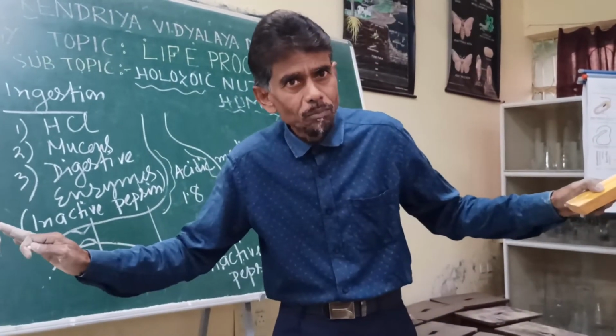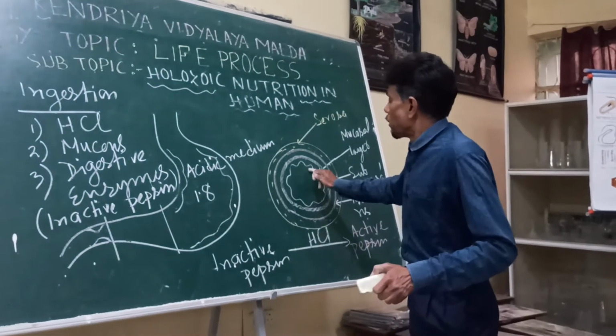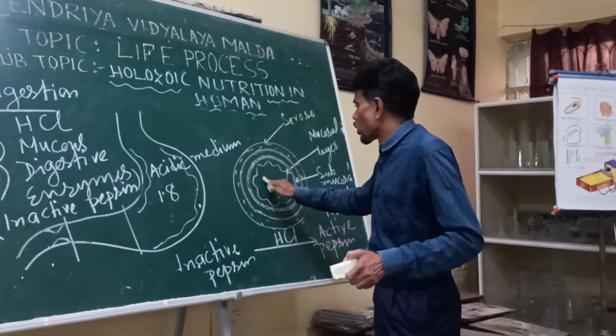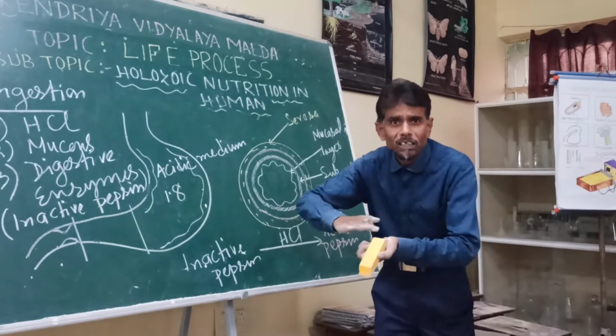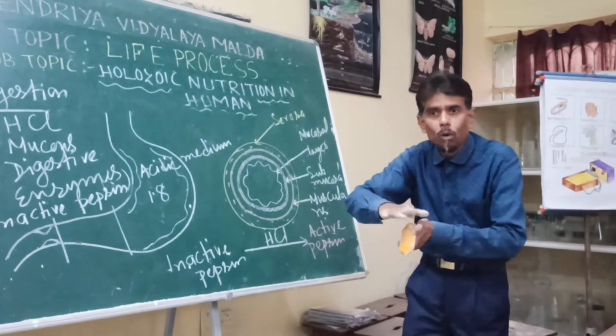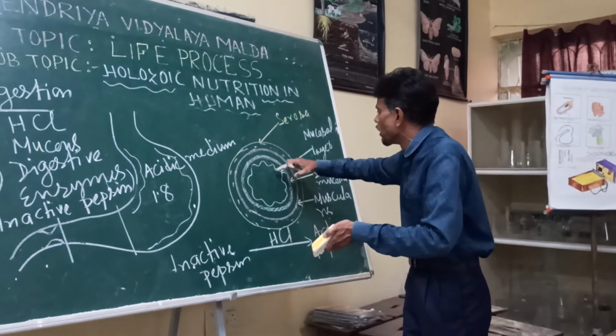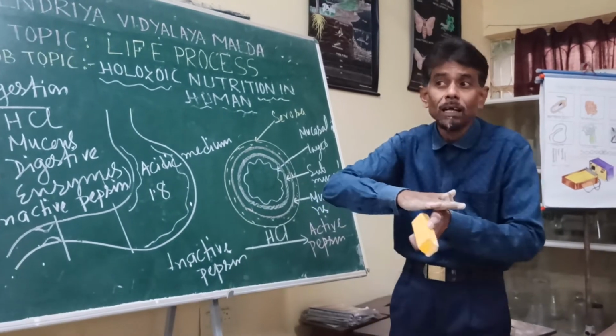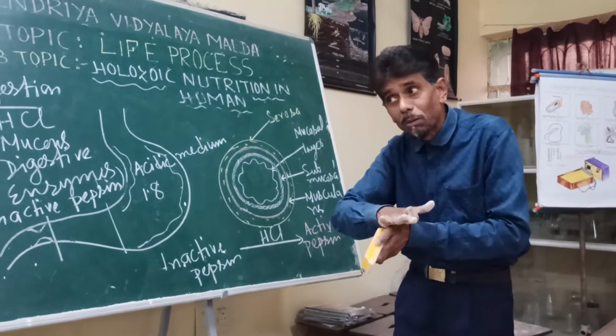Is it very clear? Food, when coming to the stomach, is again churned, that is ground within the stomach wall. The stomach wall is highly irregular, which helps for proper grinding. That means physical digestion also takes place here.